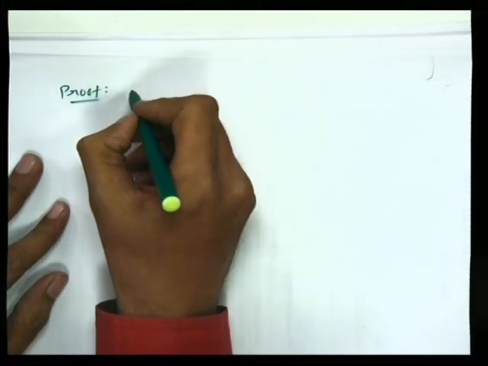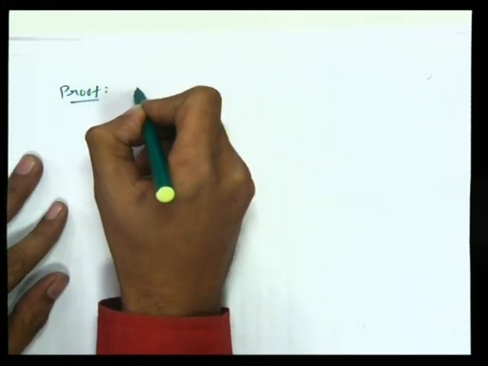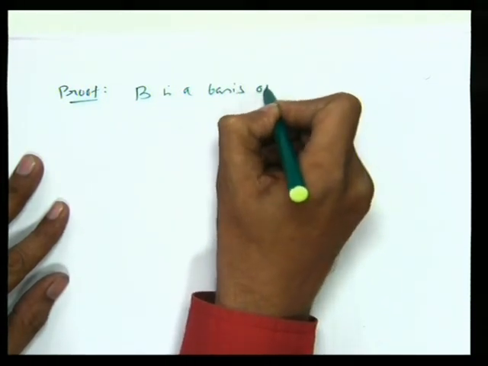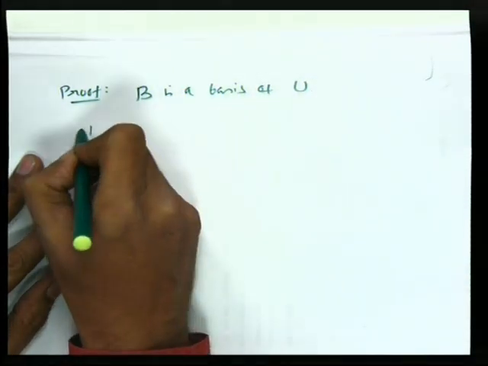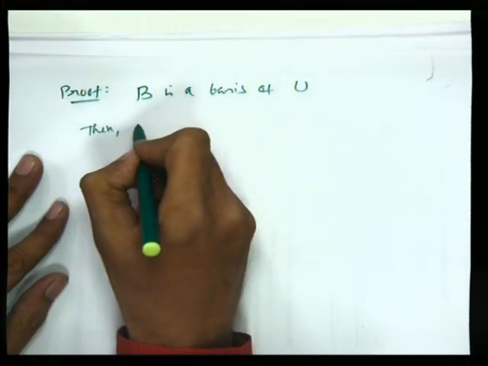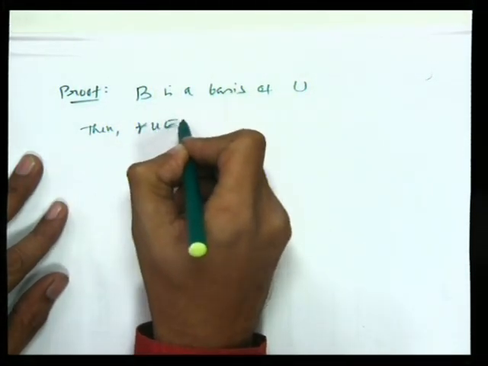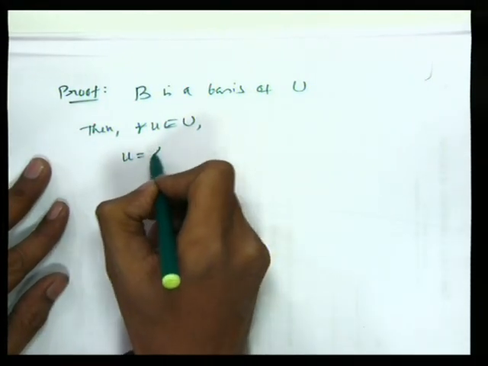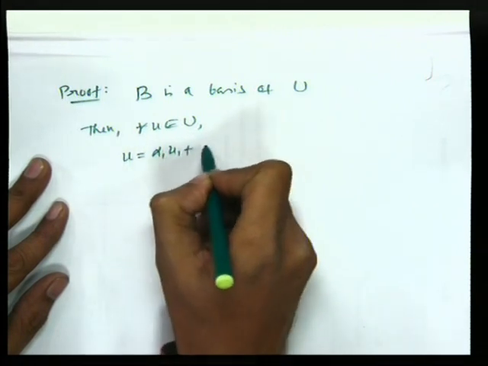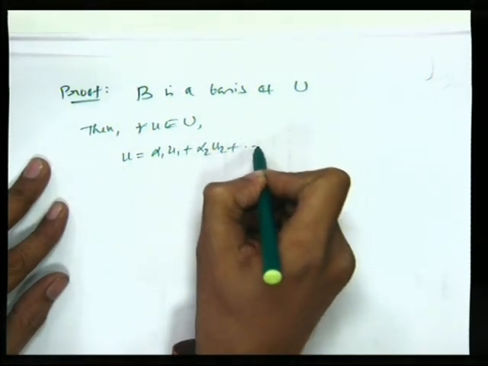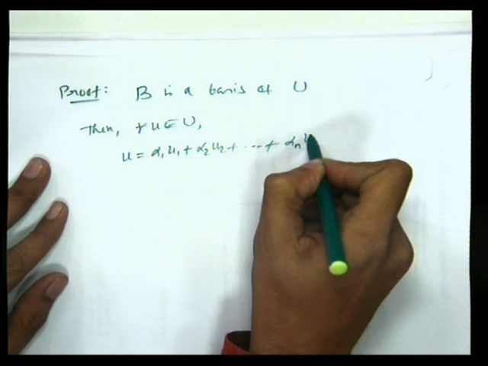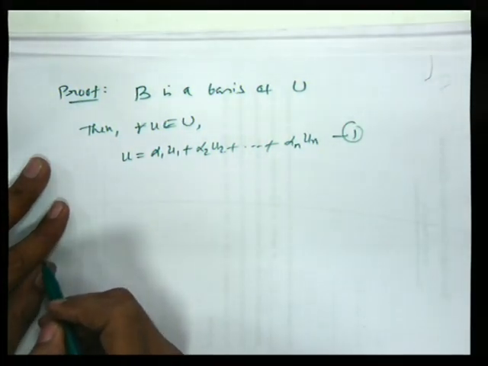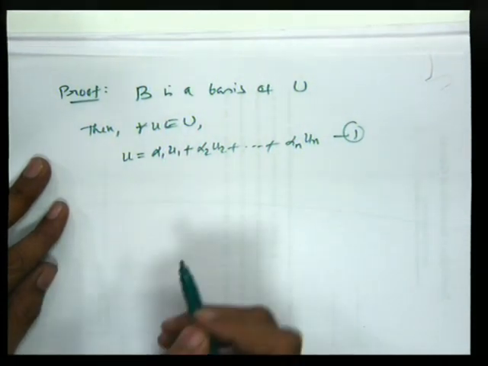Okay, here b is a basis of u. Then for every vector small u belonging to u, we can write u is equal to alpha 1 u1 plus alpha 2 u2 plus up to alpha n un, as b is a basis of u.